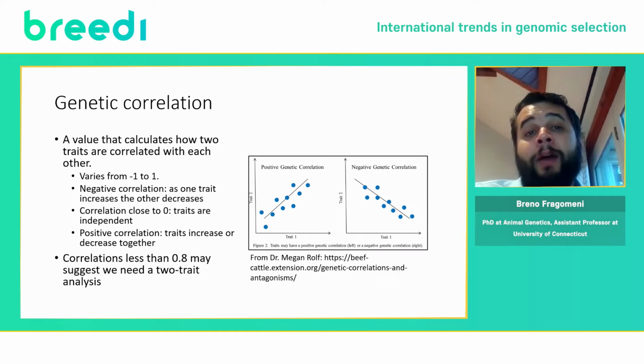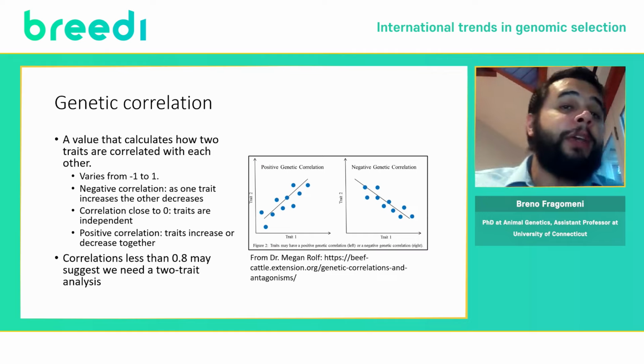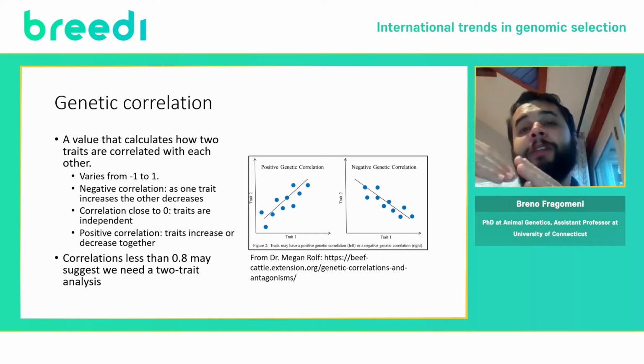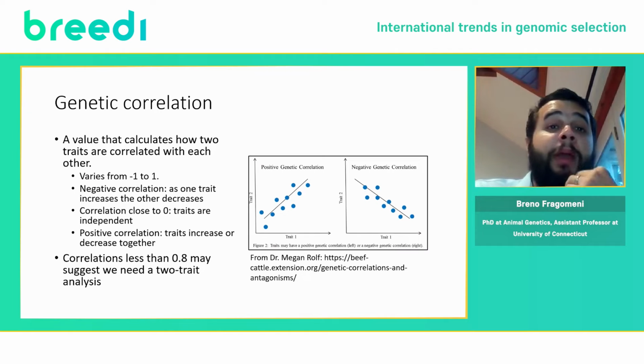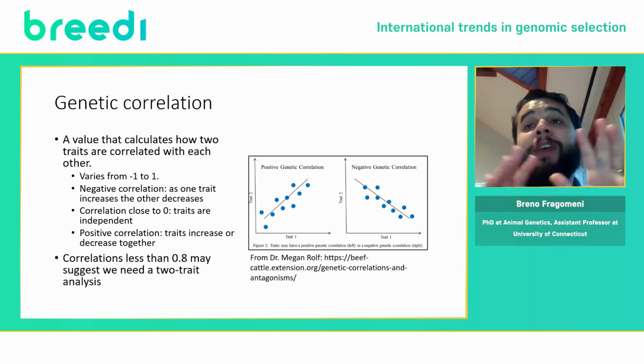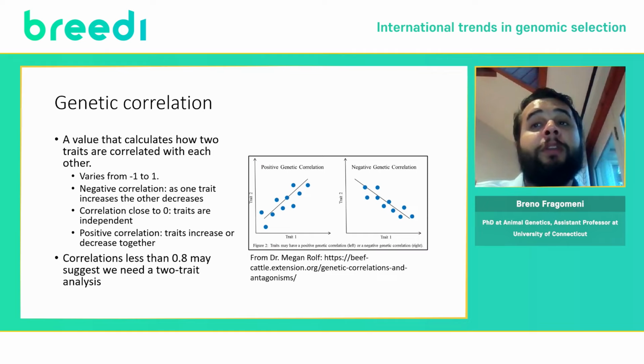Therefore, we cannot learn much from one trait to the other. And when the correlation is positive, it means that increasing one trait will also increase the other trait, but not in a perfect scenario. If the correlation is less than 0.8, and that's the rule of thumb, it may suggest that we need a two-trait analysis. We need to separate those two environments into two traits and have a specific evaluation for each specific environment.